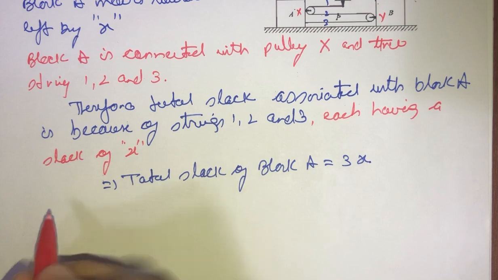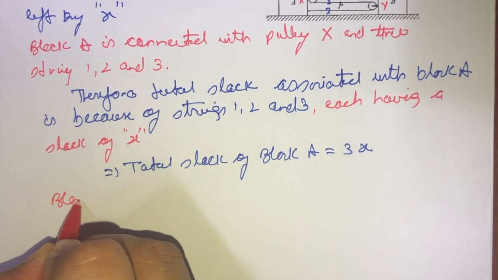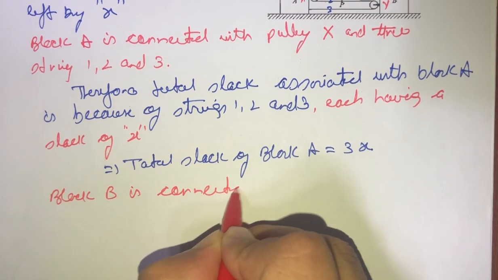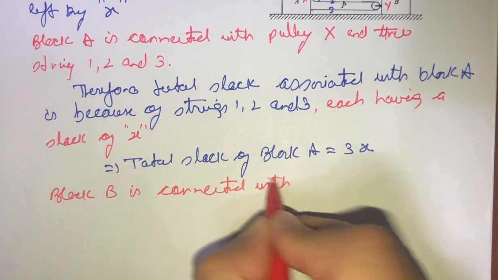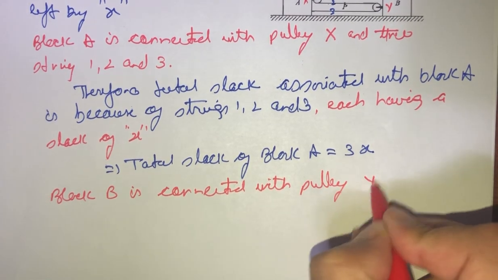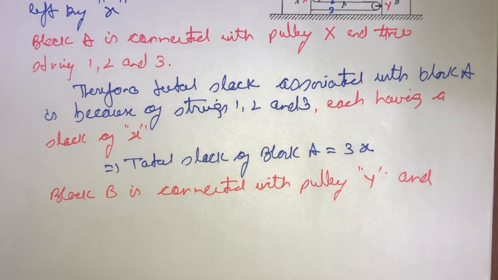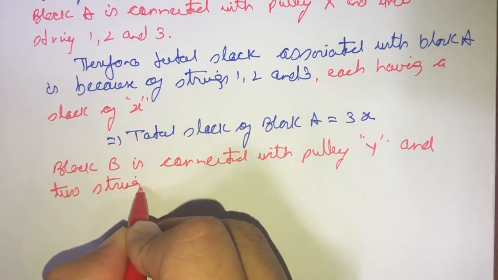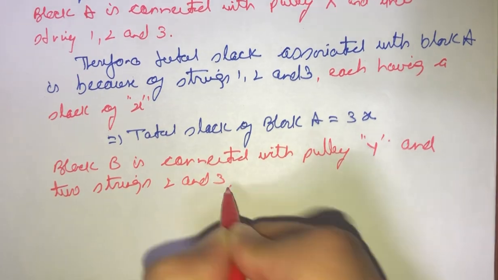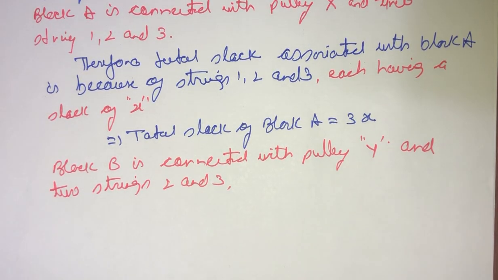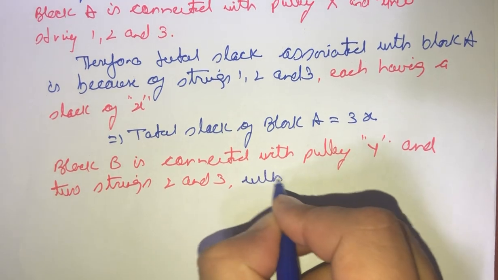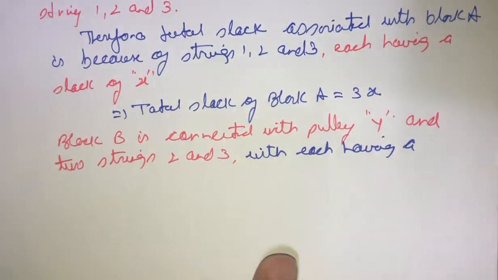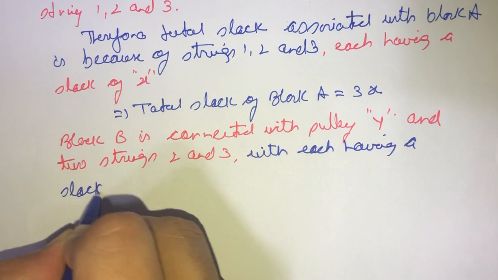You can say that block B is connected with pulley y and 2 strings, 2 and 3, with each having a slack of y.